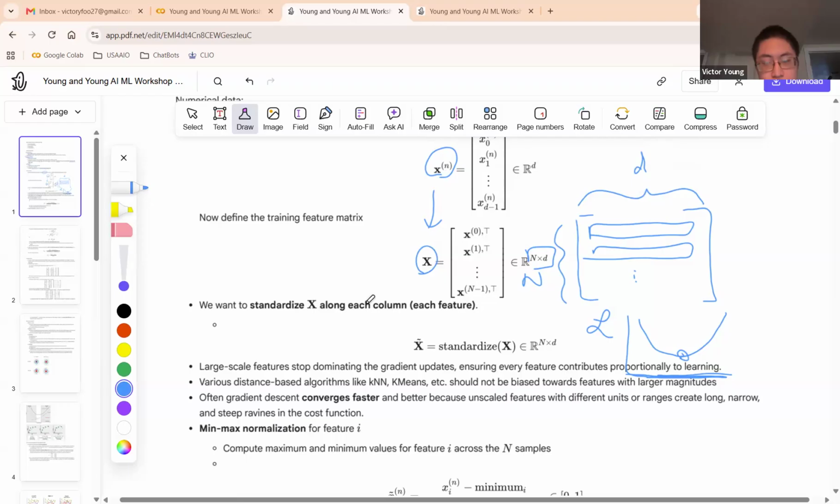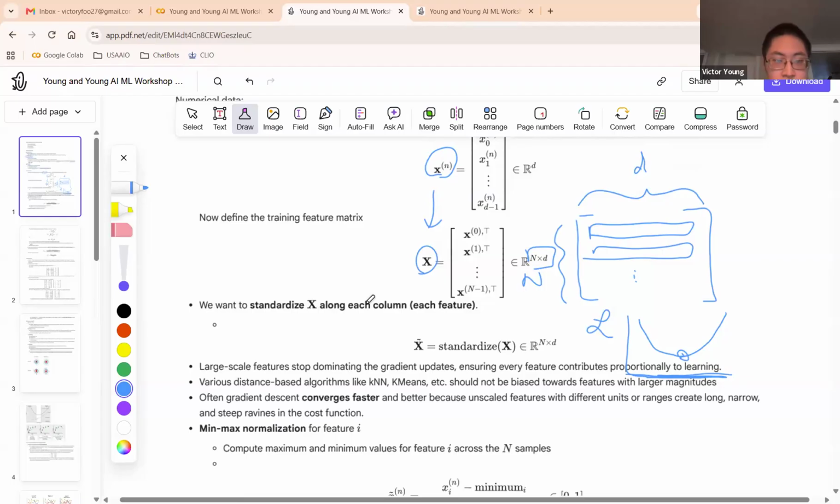And that's not good because we cannot say whether the number of bathrooms is more important or land area is more important. That we want the model to figure out on its own. But if we have land area in the hundreds, but bathroom is just 3 or 2, then that automatically makes land area much more important, which we do not want.